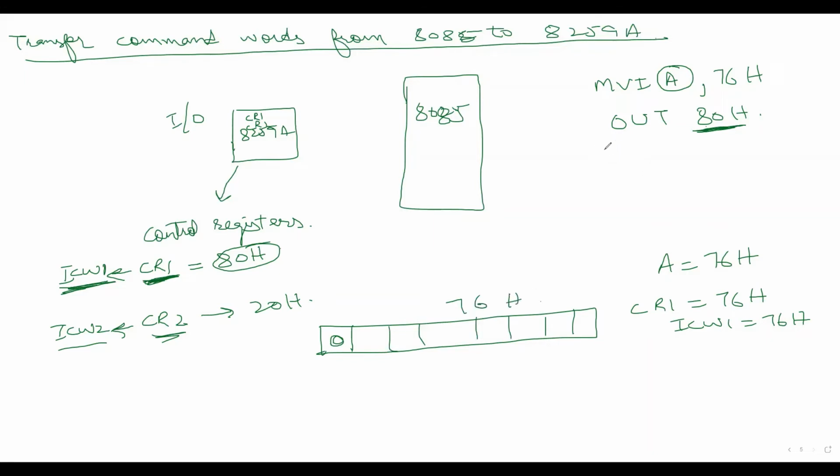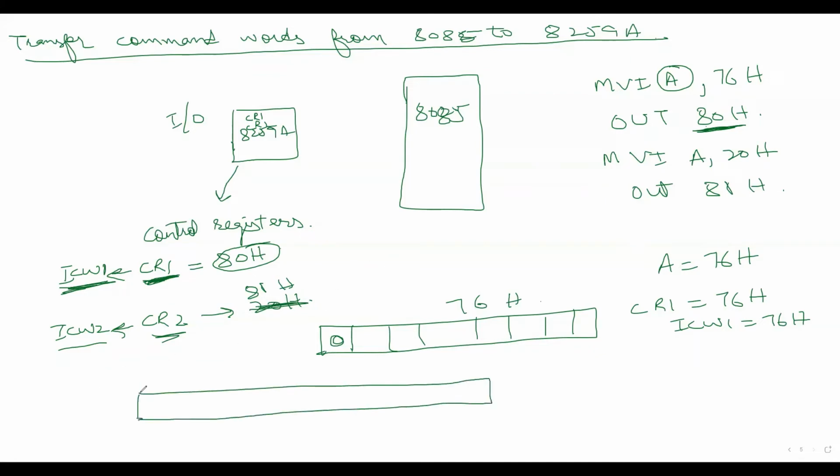Likewise, after that I will do, sorry, the address of CR2 is 81H. MVI A, 20H, then OUT 81H. ICW2 is again 9 bits, this bit is always 1, and the other bits are 20H.